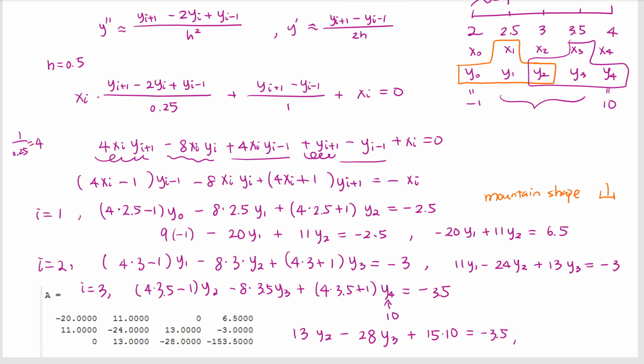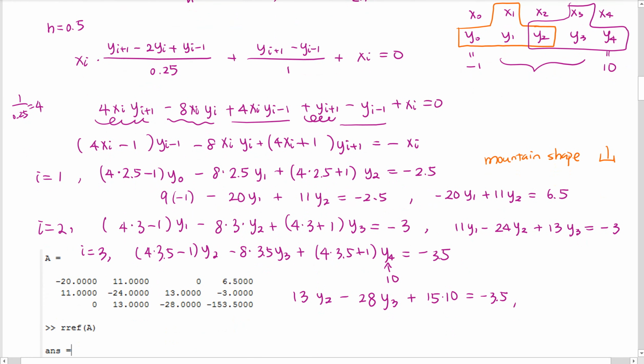Oh, so we can move the constant to the right hand side. So move this constant to the right. We get 13y2 minus 28y3 equals minus 150 minus 3.5 is minus 153.5. So far, so good.